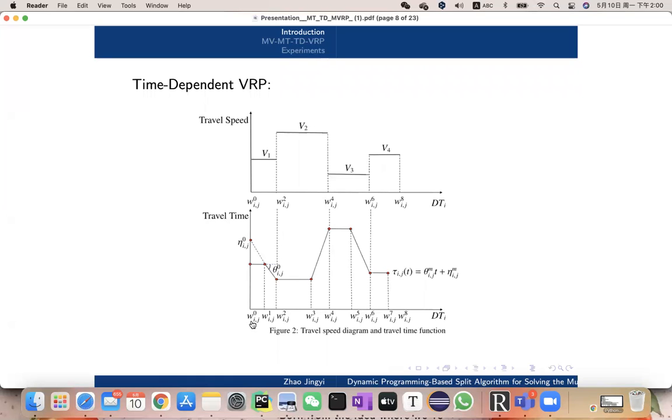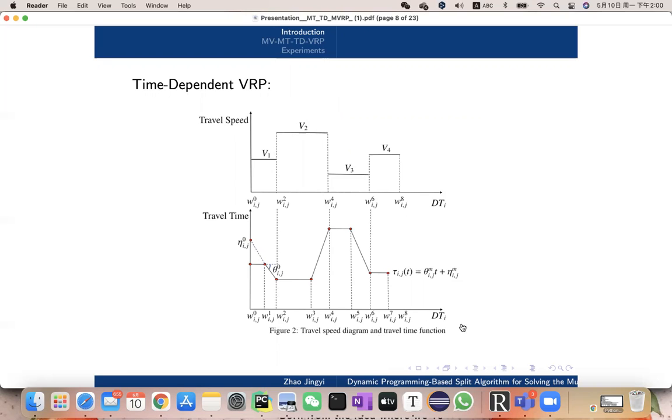The W_ij 0, 2, 4, 6 and 8 are the speed breakpoints, and the travel time breakpoints are the W_ij 1, 3, 5, and 7. For example, when we depart from node i after time W_ij 1, the vehicle will experience a change of speed when it travels from node i to node j.